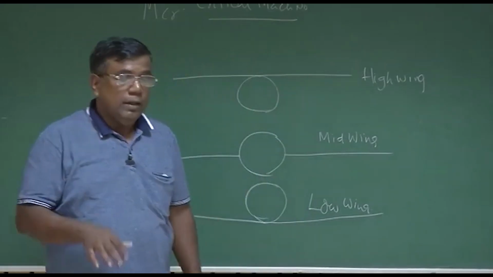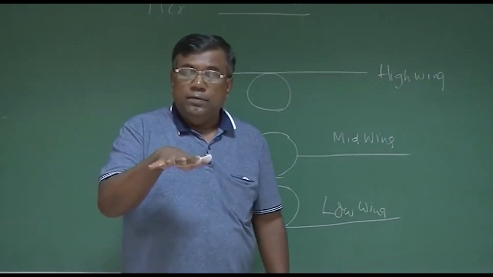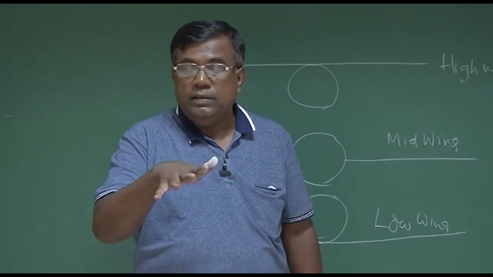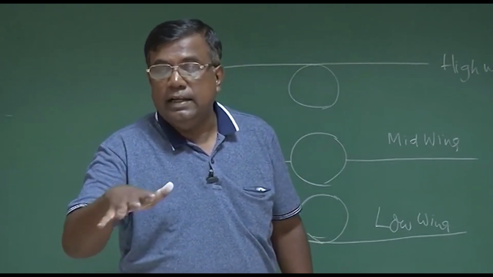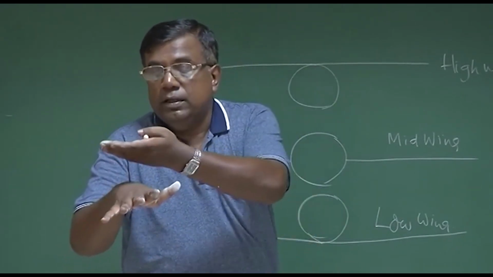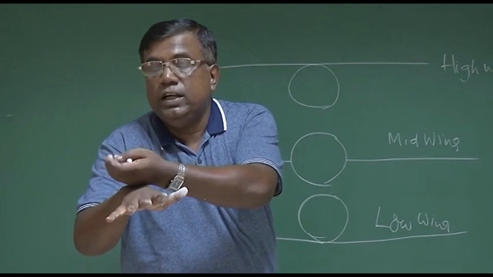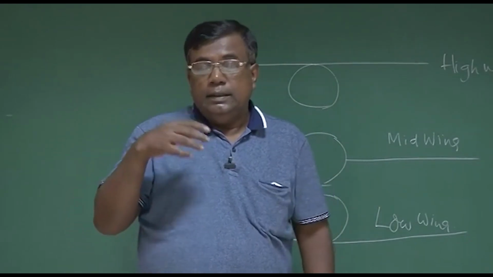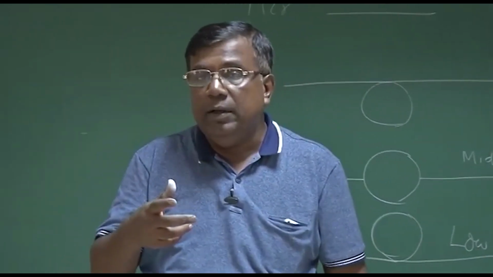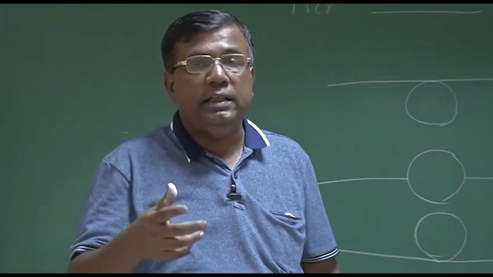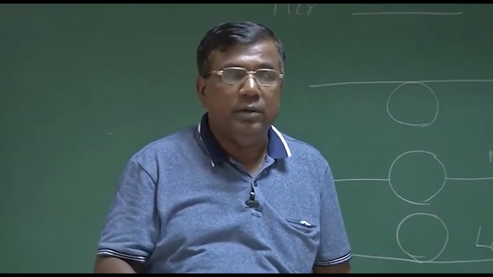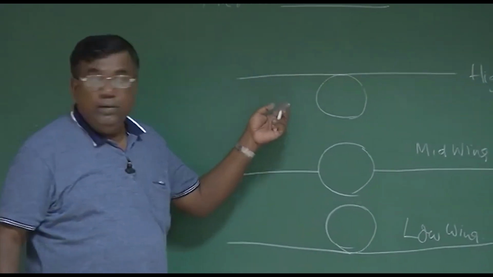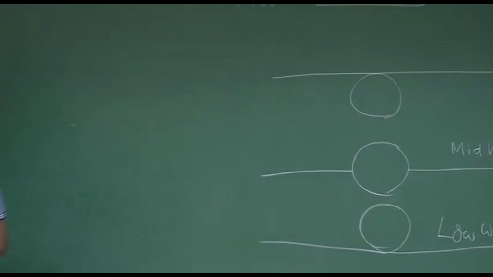But for lateral, how does it happen? Please understand. What happens if there is a disturbance? The airplane will side slip like this. As it side slips, there should be some surface which should generate a force and try to take it back. If I have such a surface available in the airplane, then I should be able to make it statically stable in lateral mode. So with this understanding, study the high wing case. In high wing case, let me explain.